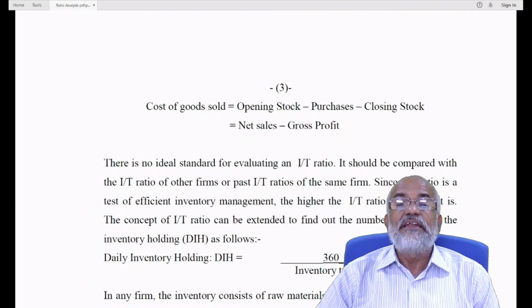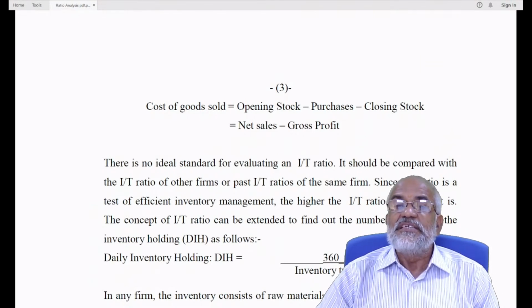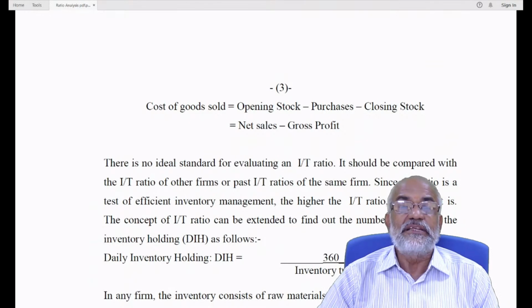There is no ideal standard for evaluating the inventory turnover ratio. It should be compared with the inventory turnover ratio of other firms, or past inventory ratios of the same firm also. Since this ratio is a test of efficient inventory management, the higher the inventory turnover ratio, the better it is.